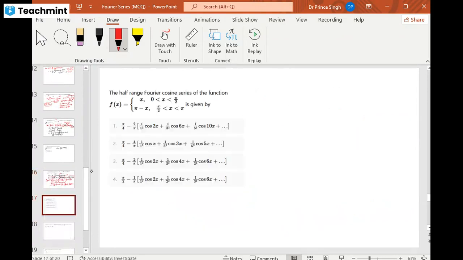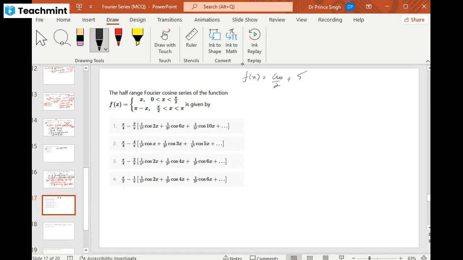The next question is the half-range Fourier cosine series of the function. The half-range Fourier cosine series formula is a naught by 2 plus summation a n cos n pi x upon L. What is L? L is the length of the interval, which is pi. So if L is pi, it is cos nx.